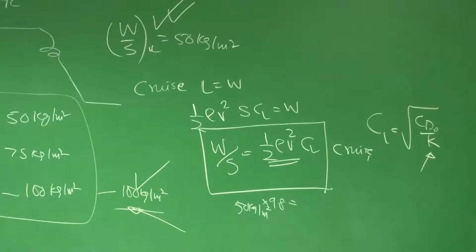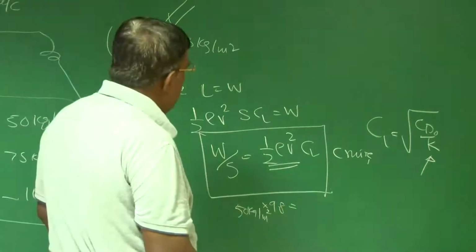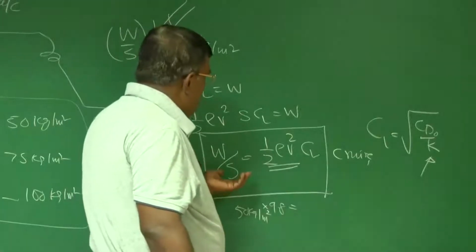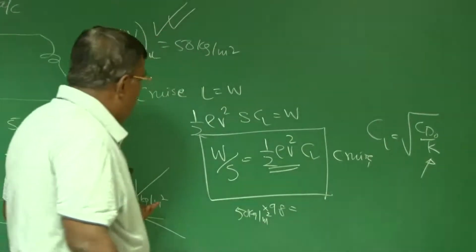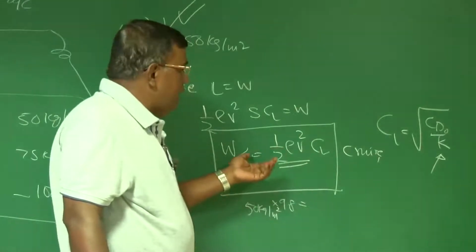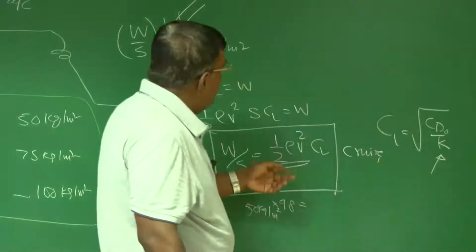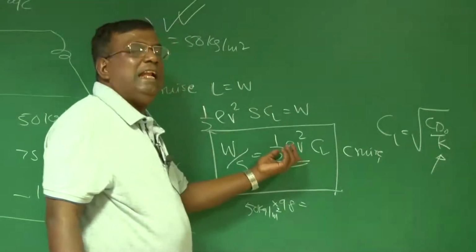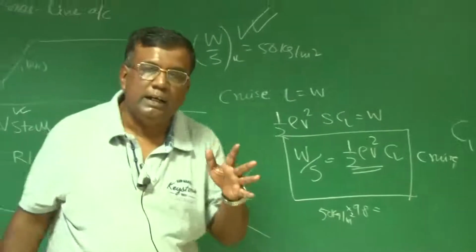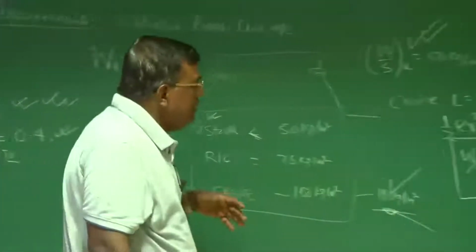CL is under root CD naught by K. That in turn tells me that instead of 100, if I want to make it 50 kg per meter square, this will demand that you fly at CL equal to under root CD naught by K at a lower speed or at a lower dynamic pressure. Then you can maintain that thrust required minimum condition.